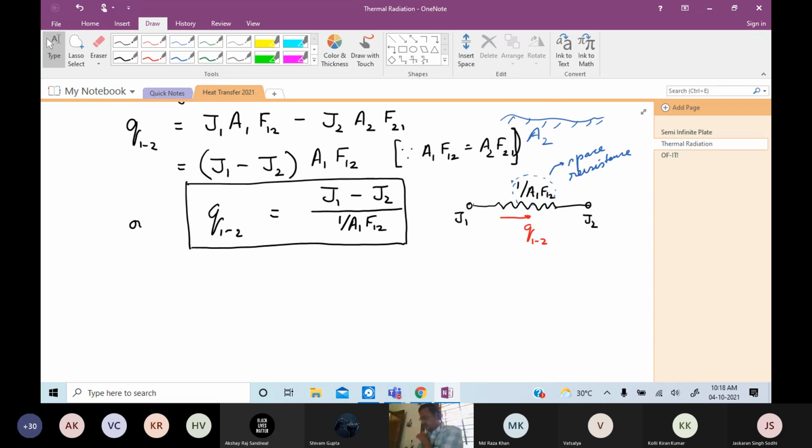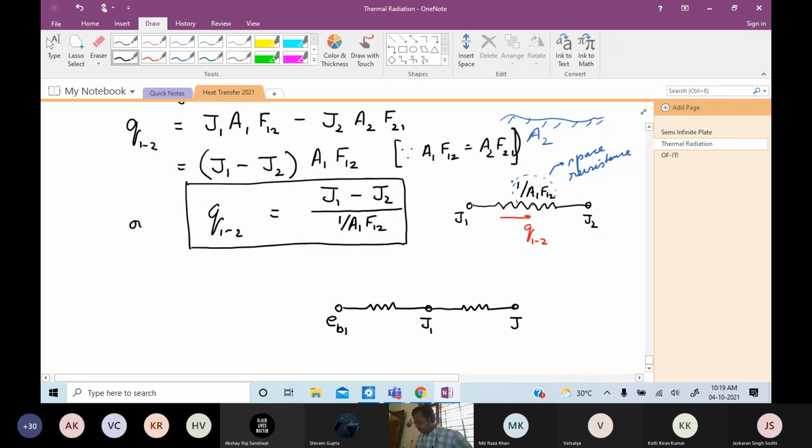So therefore, if I have two surfaces, Q1 to 2, I can define the overall resistance network in this manner. This is EB1, J1, J2, then EB2. What are my resistances?